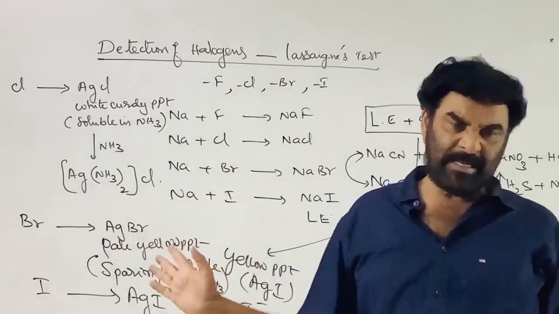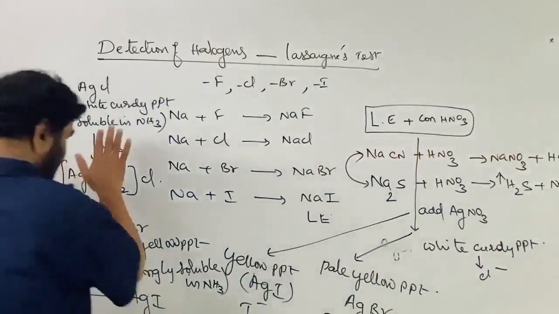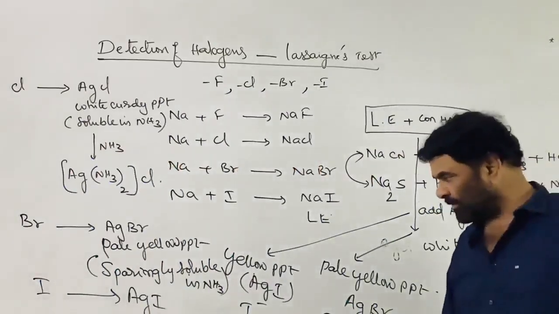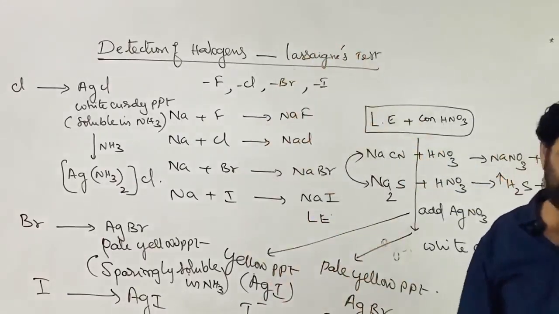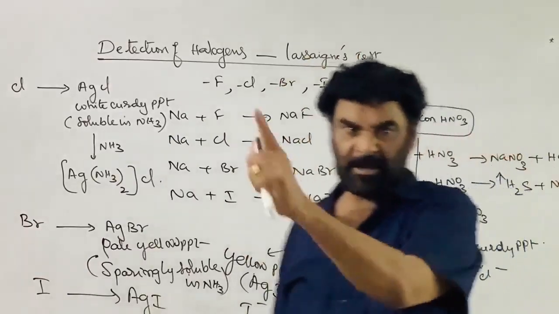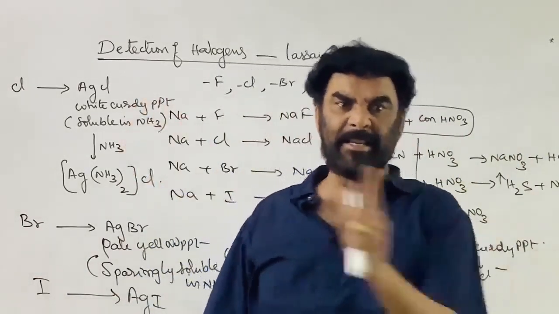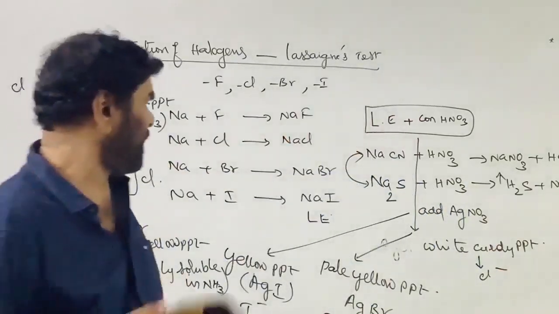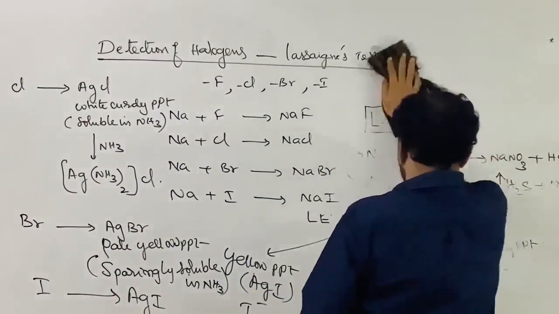If iodine is present, it gives a yellow precipitate, silver iodide. Finally, the halogens are detected in the form of silver halides: chlorine as AgCl, bromine as AgBr, iodine as silver iodide. This is the chemistry of the detection of the halogens.